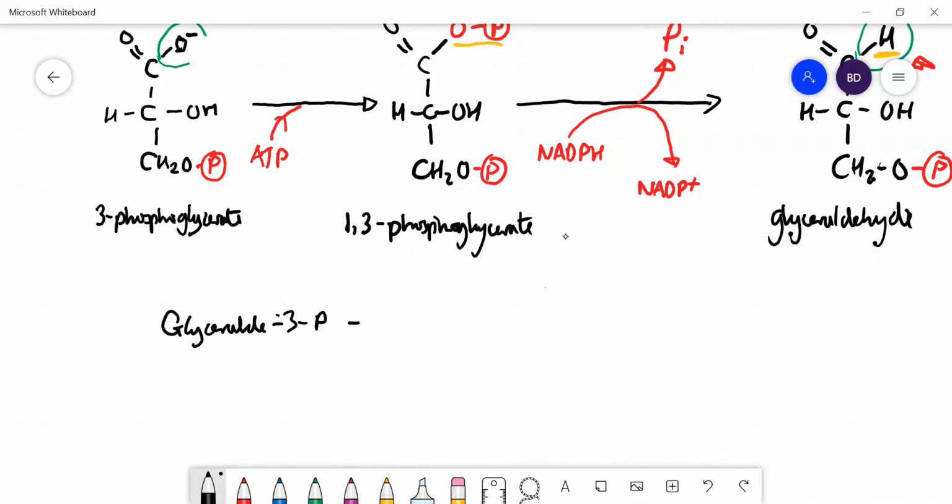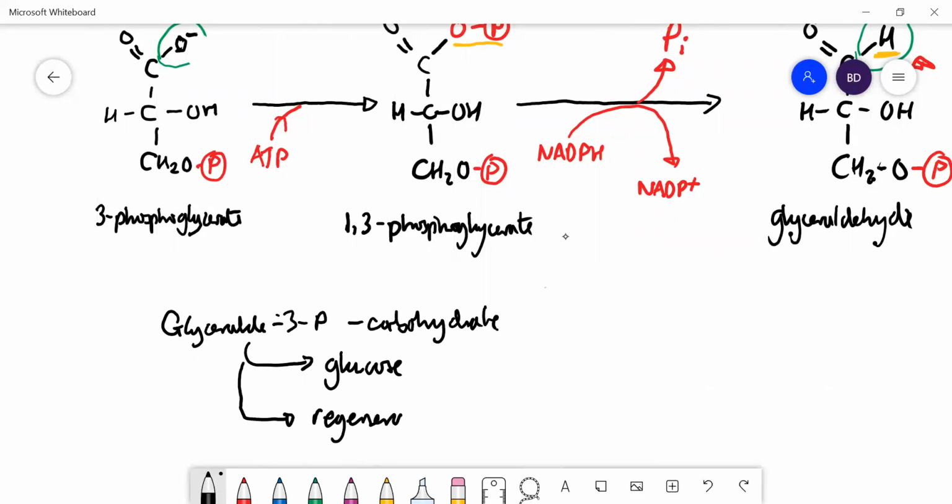It's a carbohydrate. Some of that glyceraldehyde can be converted into glucose and other sugars, but some of it has to be diverted to regenerate ribulose bisphosphate.